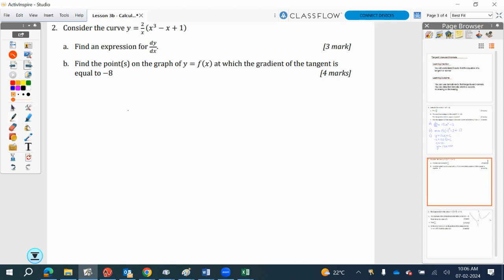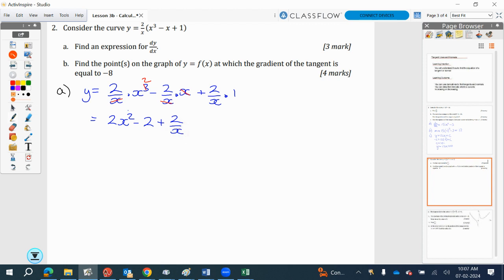So then you've got to simplify this: 2x squared minus 2 plus 1 over x. It's the distributive property, it's going to look like that.